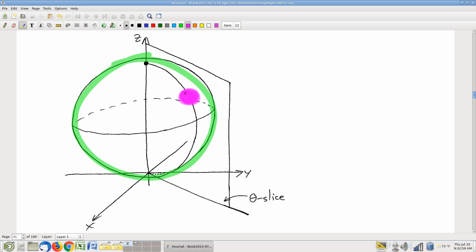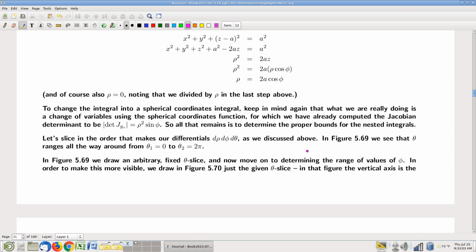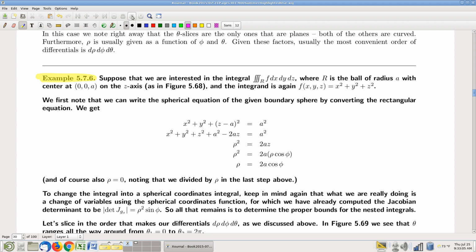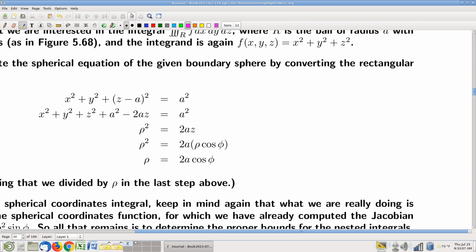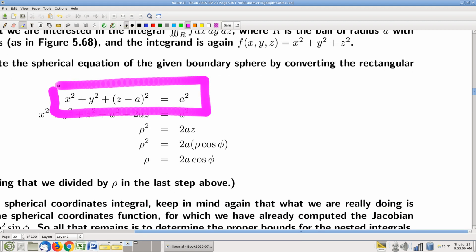That's the upper bound for our rho range. Okay, so let's find the equation of this sphere. Here's the rectangular equation, algebra 2. Right. Remember, it's centered above the origin by a distance a, has radius a.